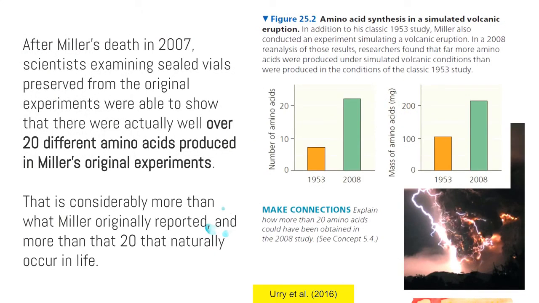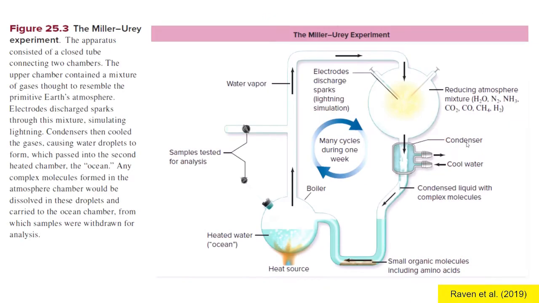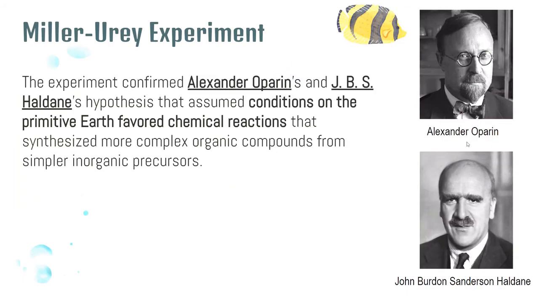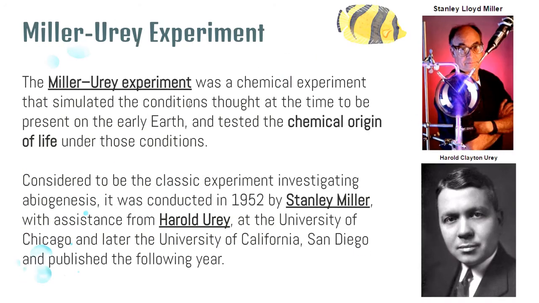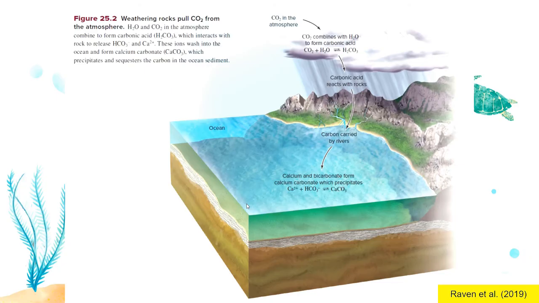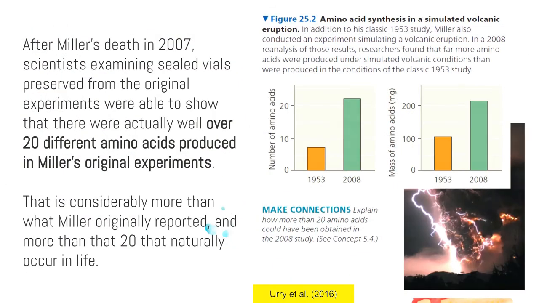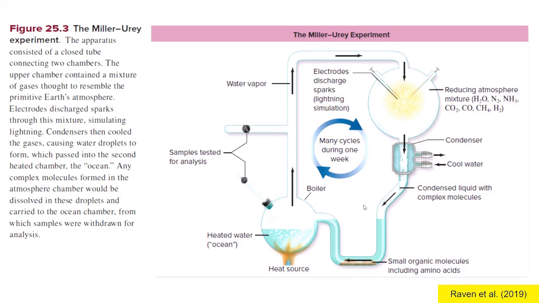After Miller's death in 2007, scientists examined sealed vials from the original experiments. This was conducted in 1952, and Miller died in 2007. Of course, they were able to preserve a lot of the samples.